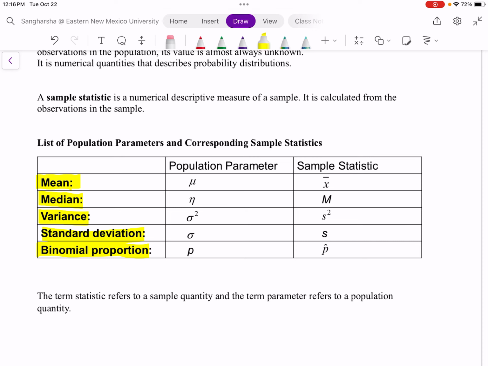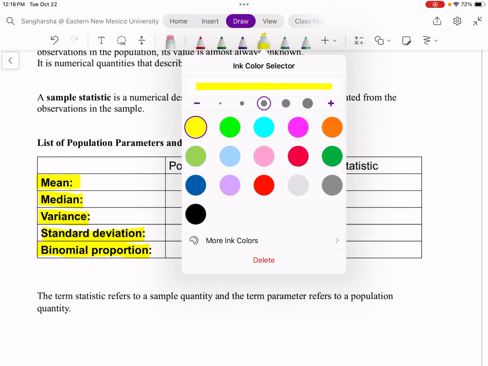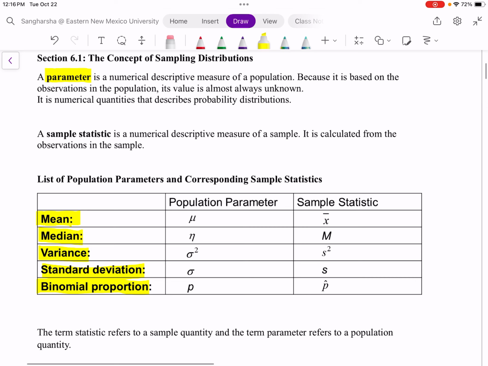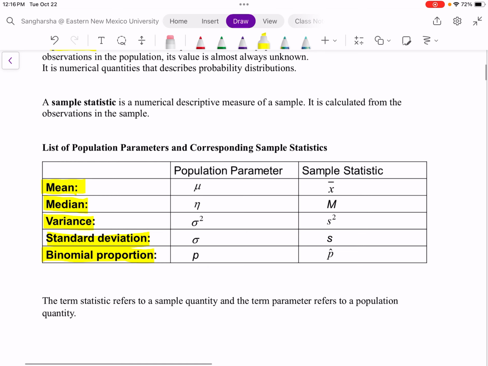So we use these numerical values, mean, median, variance, standard deviation, binomial proportion, to describe our population. And these values are called parameters. Mean is a parameter, median is a parameter, variance, standard deviation, all these are parameters.